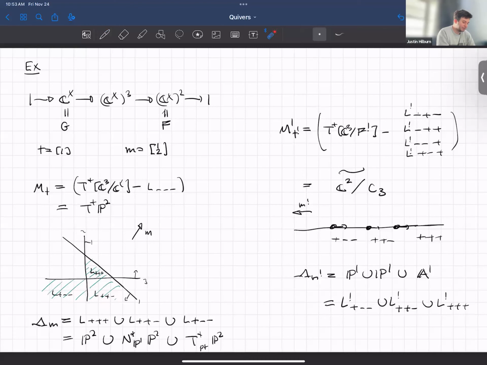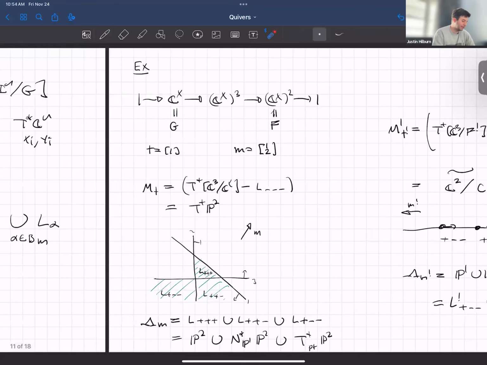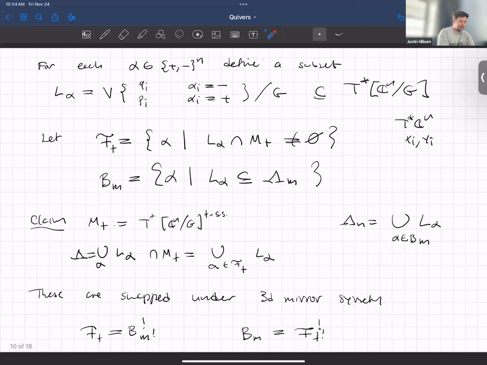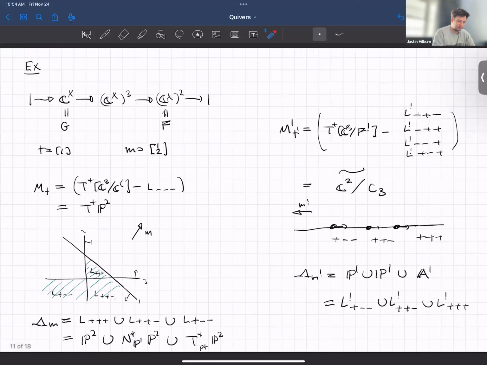It's plus plus plus, plus plus minus, and plus minus minus. So the thing that this is meant to illustrate is that the feasible sets being the stable components and the bounded components, the ones that are in this attracting set for your mass parameter, are swapped under the 3D mirror symmetry.